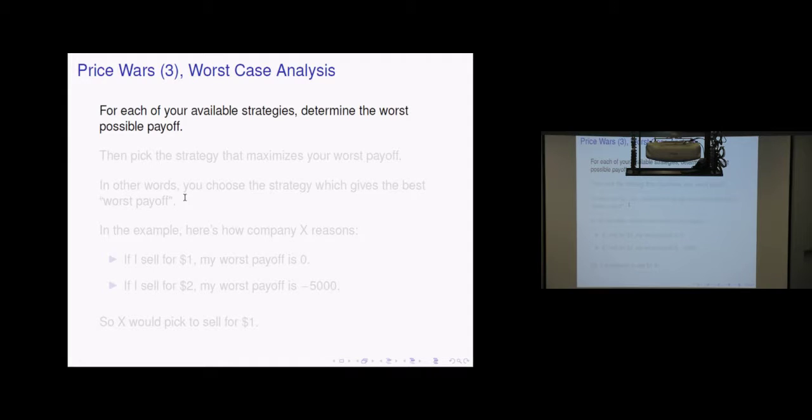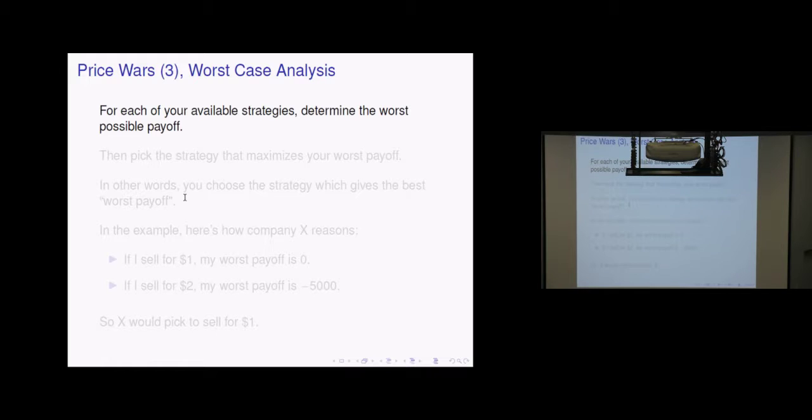Okay, so now how do people reason? For each of the available strategies, we have to determine the worst possible payoff. Here is the general analysis of situations. For each of your available strategies, you have to determine the worst possible payoff.